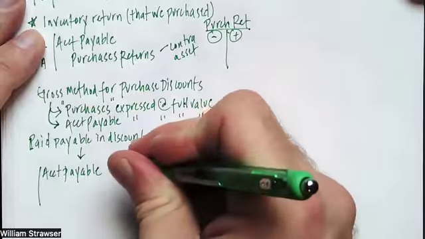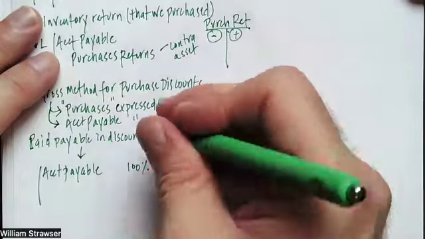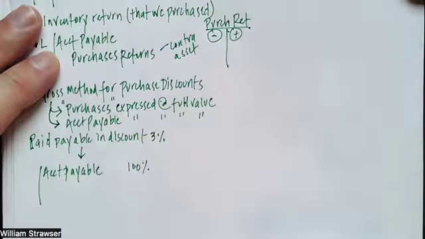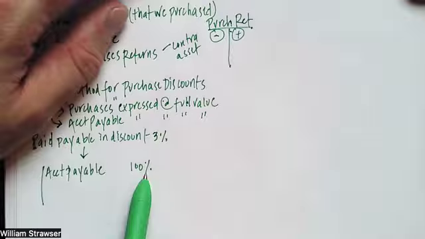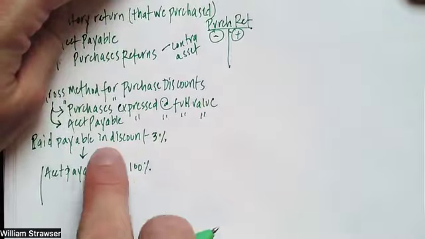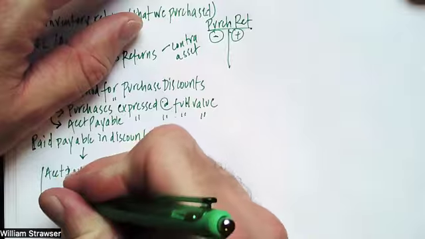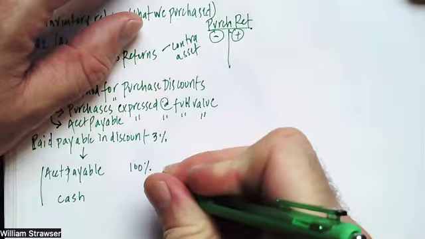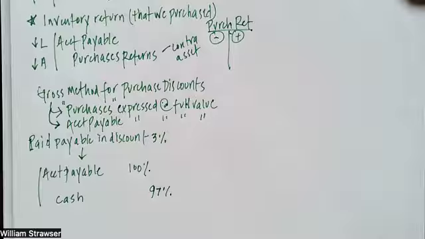So this is at 100% value, let's say. And let's just give a discount of 3% for this example, so I can use numbers for the discount as well. So we have a full value accounts payable, but because we paid the payable in the discount, we get a 3% discount. That means that the amount of cash that I'm going to record is 97% of this value, right? I got my discount, so I took 3% off.